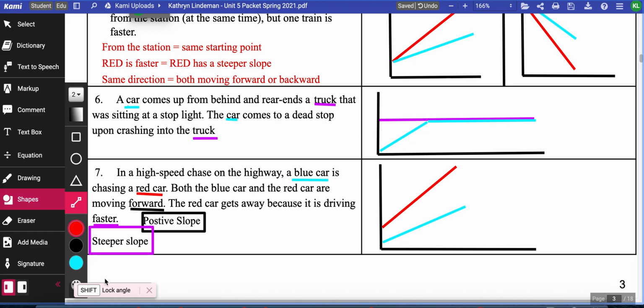And the red car is moving faster. So the red car is ahead of the blue car and is moving faster.